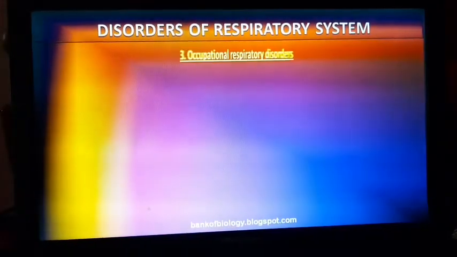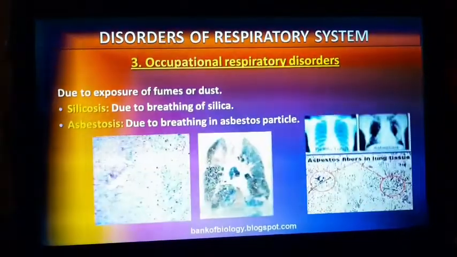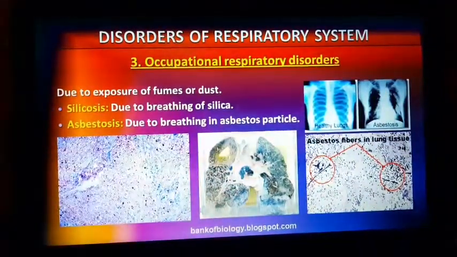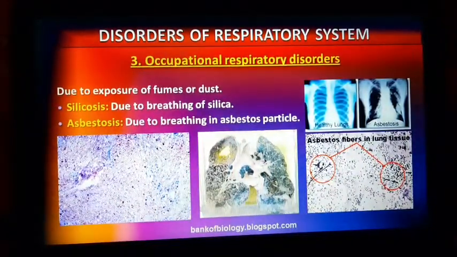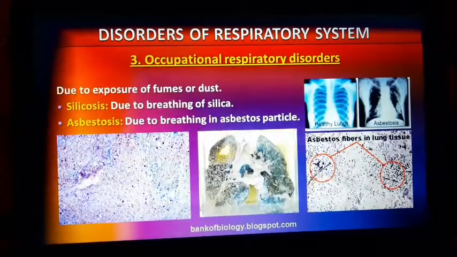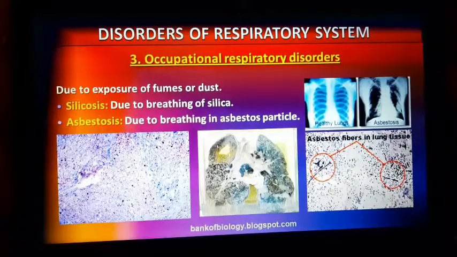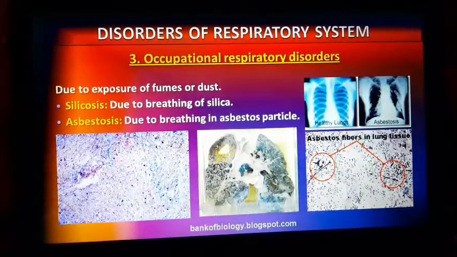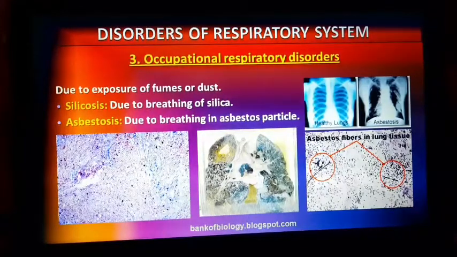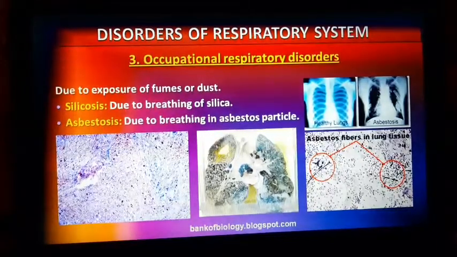And the last one is occupational respiratory disorders. Occupational respiratory disorders are those which come from working places. Here we have two best classical examples, silicosis and asbestosis. Silicosis is due to breathing of silica. That means in silica sand industries, where there is breaking up of stones, this silica dust, if it enters the respiratory system, leads to damage of the respiratory system.